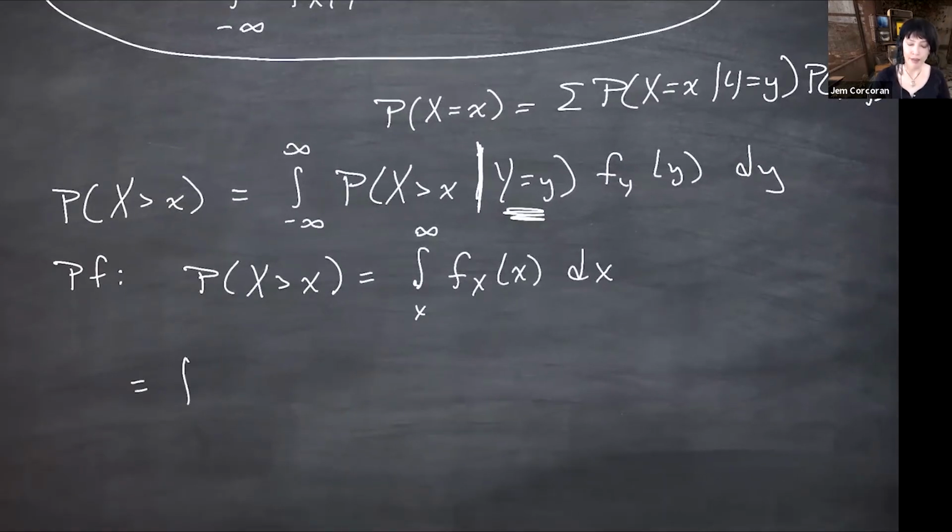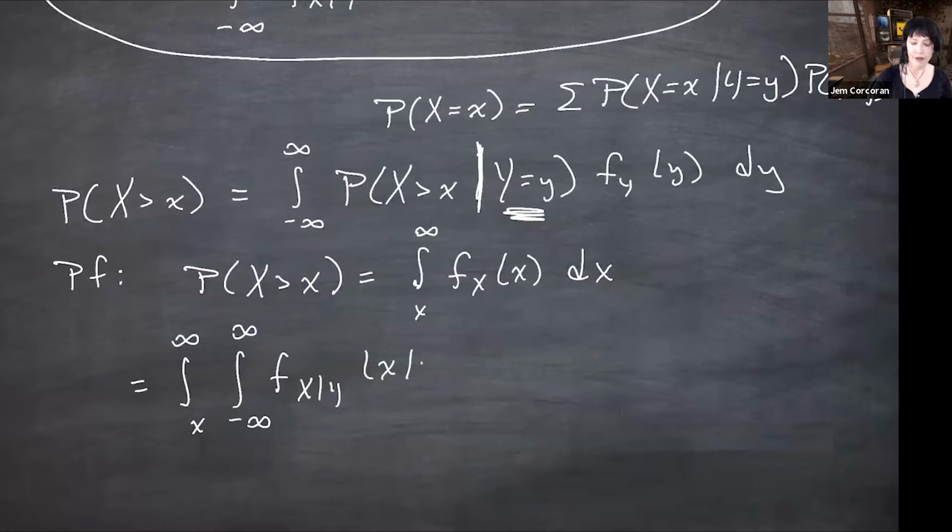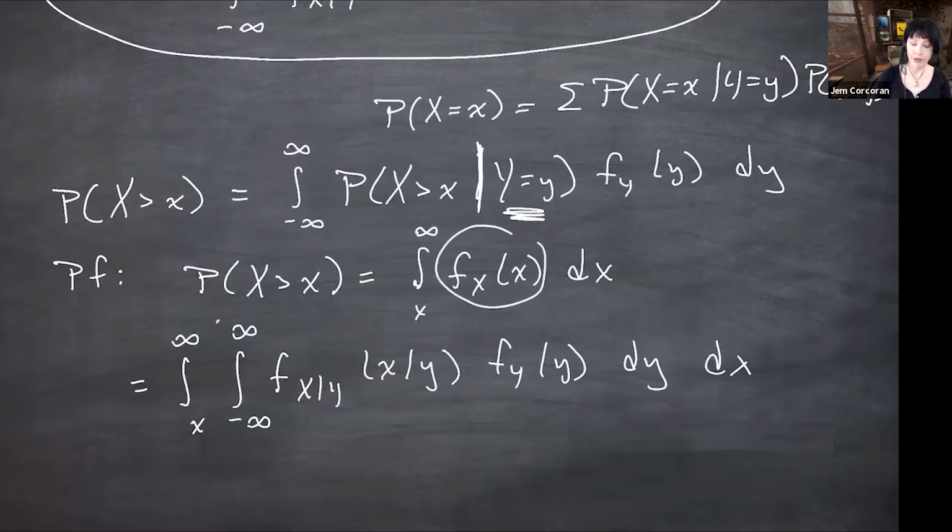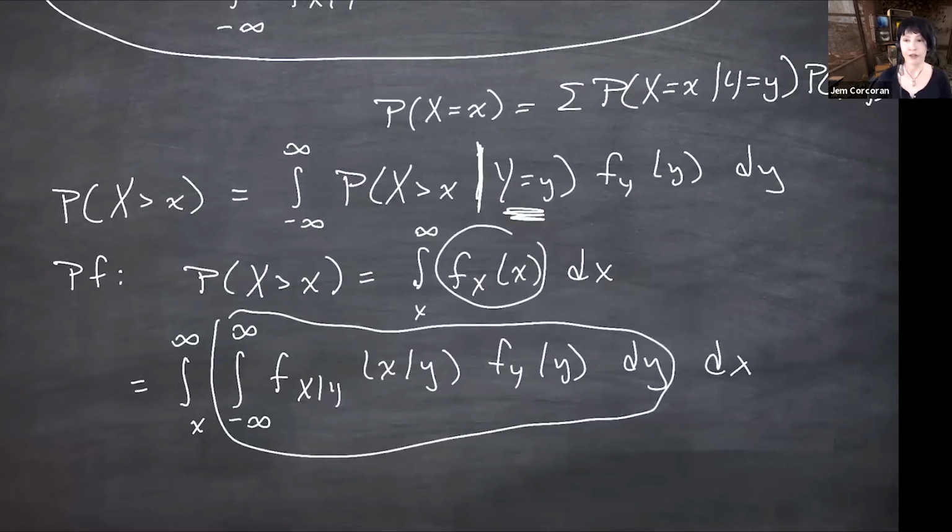So I would rewrite that PDF for X as an integral from minus infinity to infinity of f of x given y times the marginal for y, dy, dx. So this is just using what we just did above to write out that marginal for x.